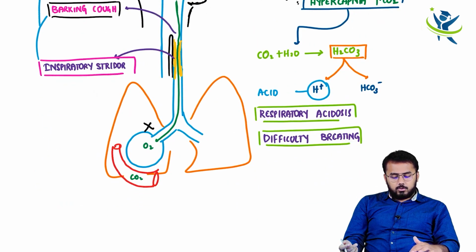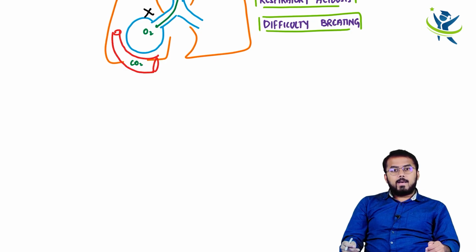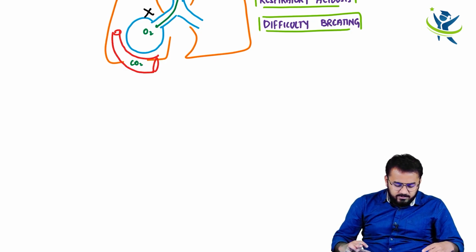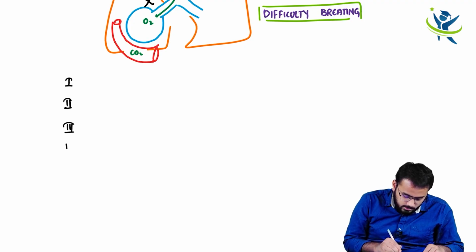Another important thing you need to know here, guys, is this human parainfluenza virus. This is of 4 types: type 1, type 2, type 3 and type 4.